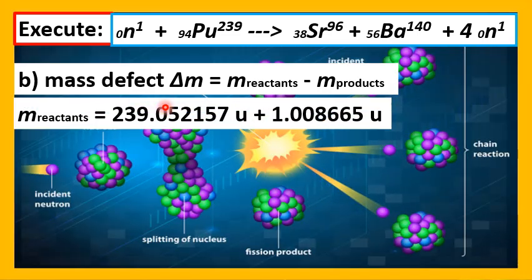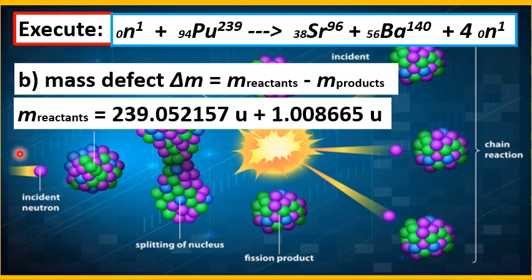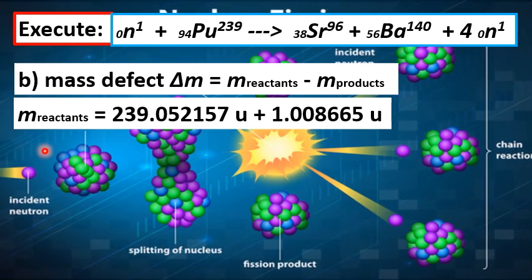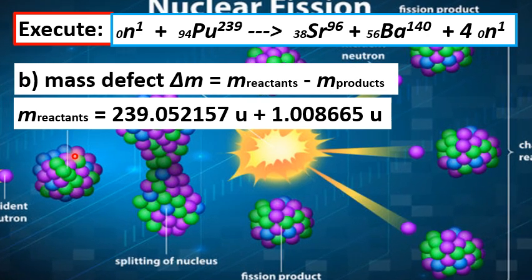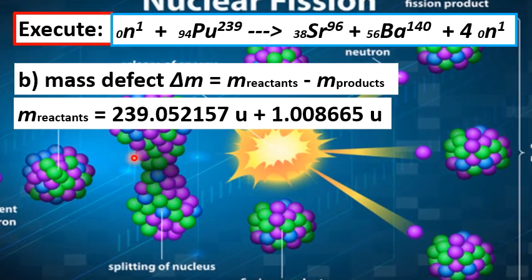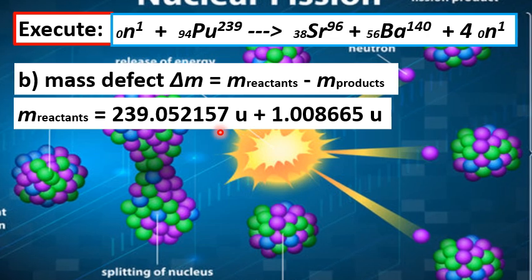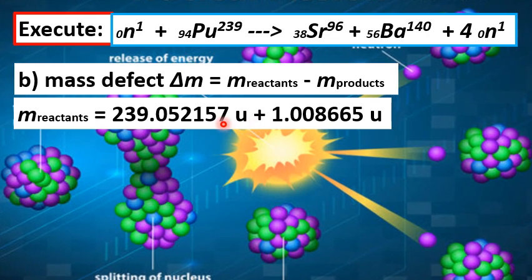That is, determining the mass of the reactants, right? We have 239.052157 atomic mass unit, right?